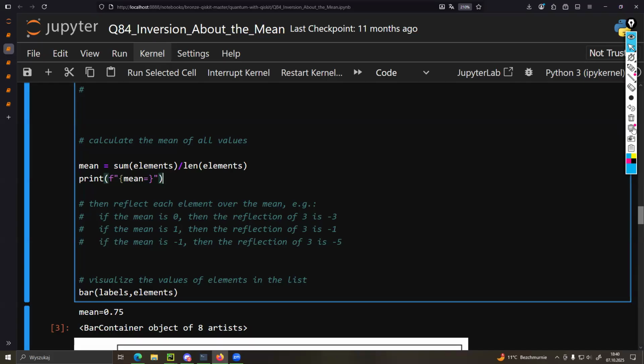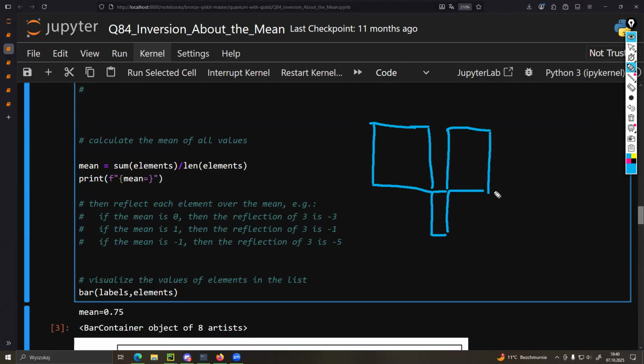So how do we reflect this over the mean? Let's say that we have these states. I will draw them as a big block, with only a small fraction as our actual wanted answer. So there was 1, there was 0, and there is -1. The mean is 0.7 point, so it is somewhere here.